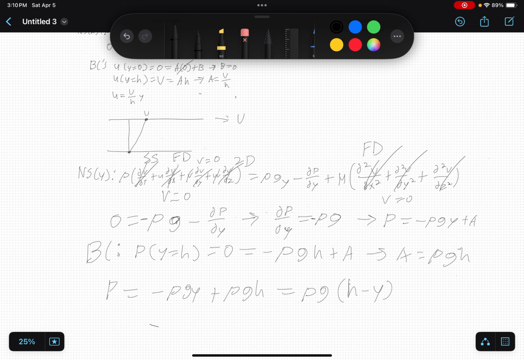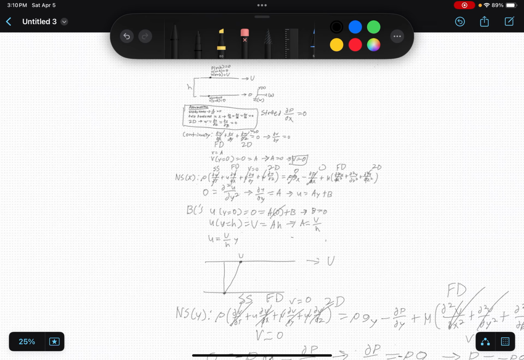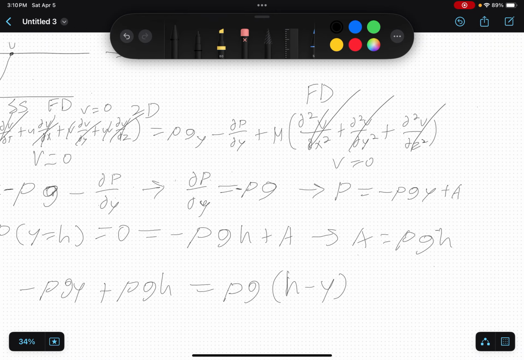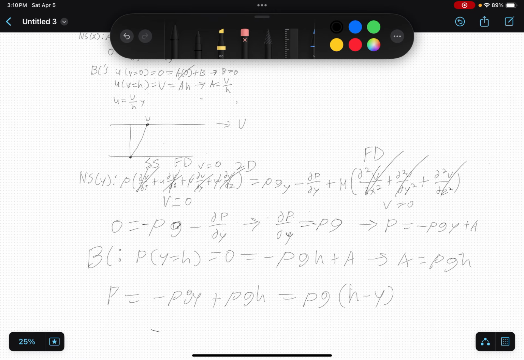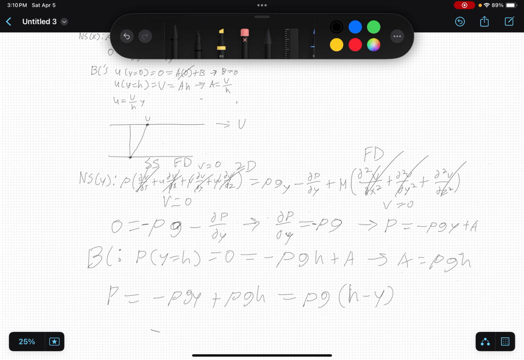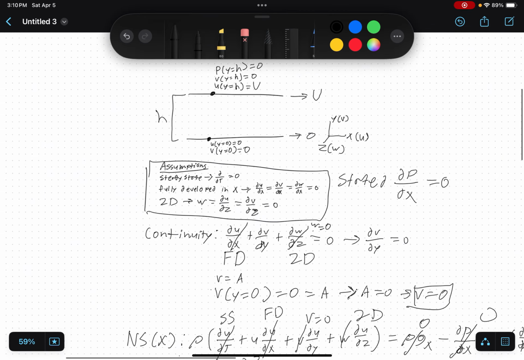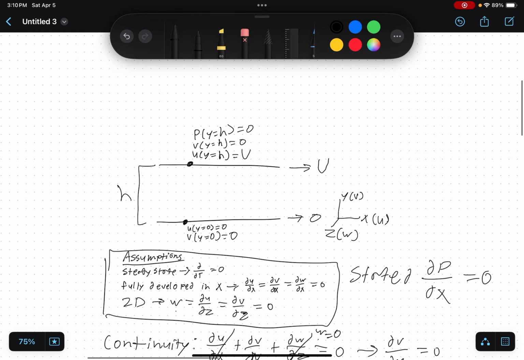Now what does this mean? If we plug in h at the top surface, we should get 0. Is that what we get? Yep, because we get h minus h, so that would be 0. But at the bottom, if we plug in 0, we'll get rho g h. So that means that the pressure is increasing as you go down.